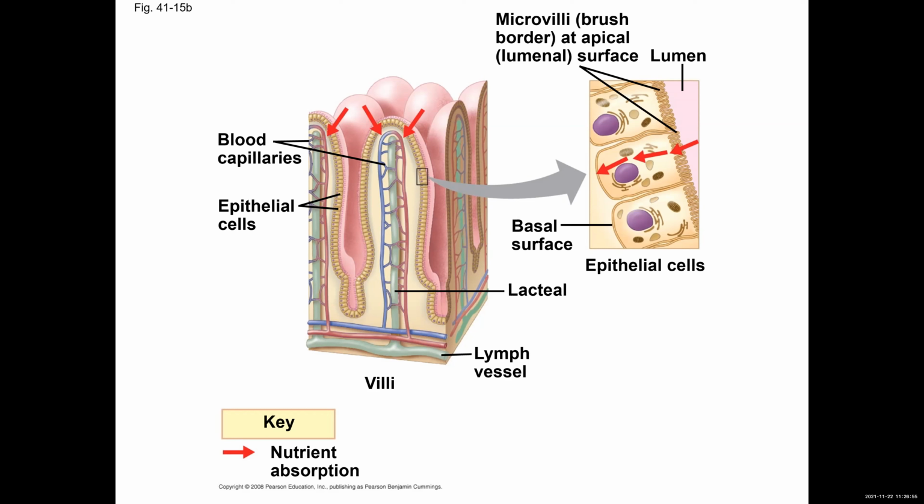All right. So notice that we have another kind of structure that comes up into the villus as well. These are little tubes called lymph vessels. Specifically, these little dead end tubes that go up into the villi are called lacteals.